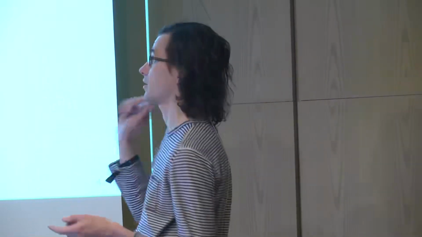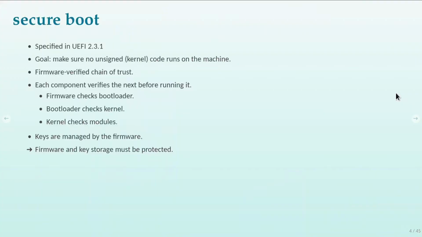So the firmware itself checks the bootloader, then the bootloader goes on checking the kernel you are loading. And the kernel, again, is checking any kernel modules or drivers you are loading into kernel address space and running there. And all those keys used to verify the components are managed by the firmware.